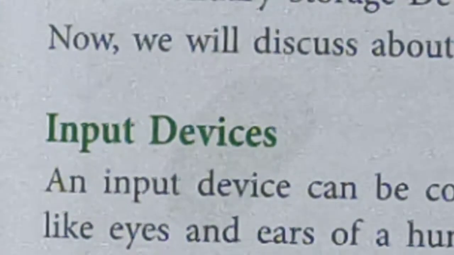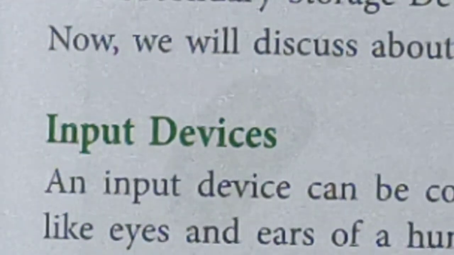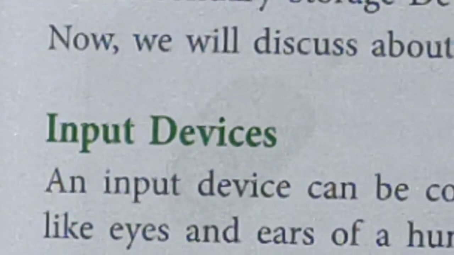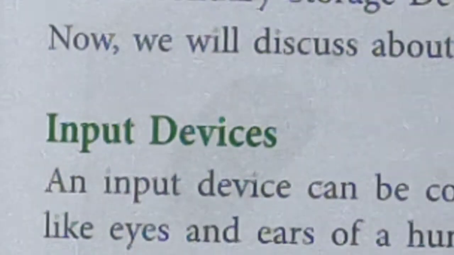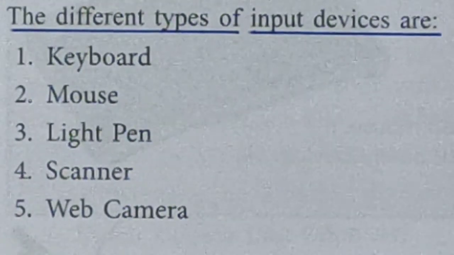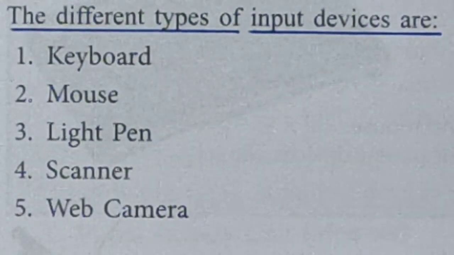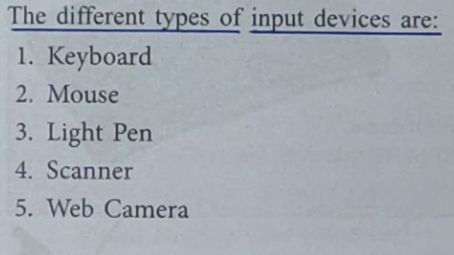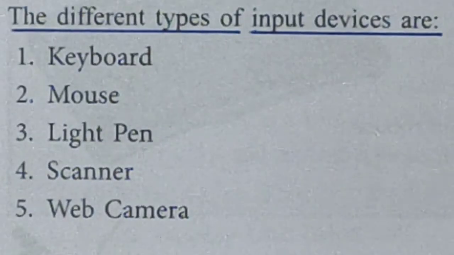Input devices are those units through which we send instructions and data to the machine for processing. The different types of input devices are keyboard, mouse, light pen, scanner, web camera.